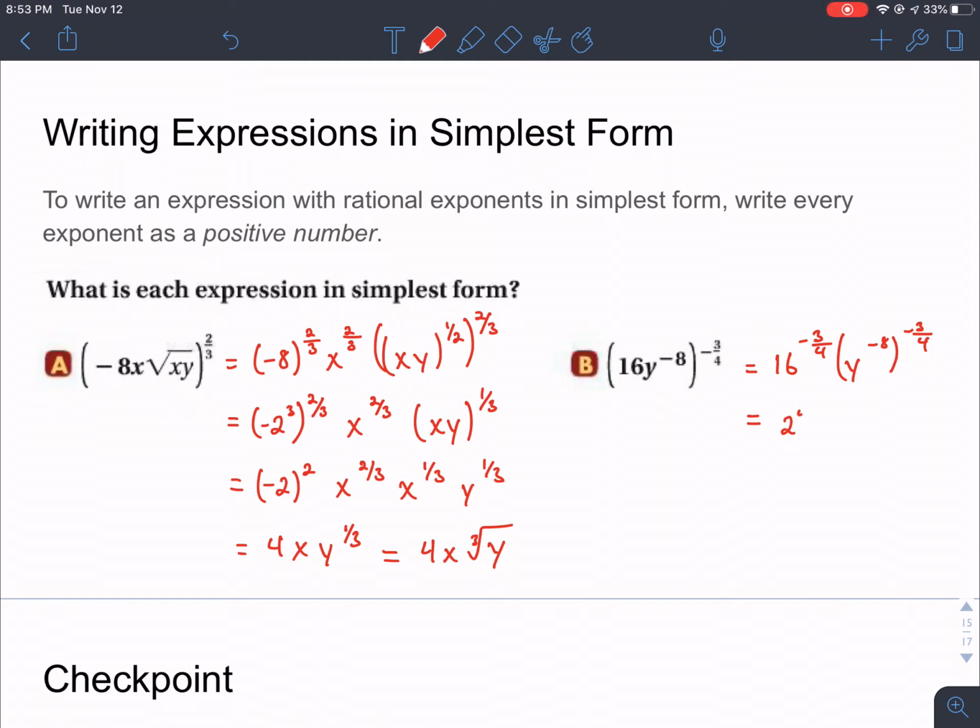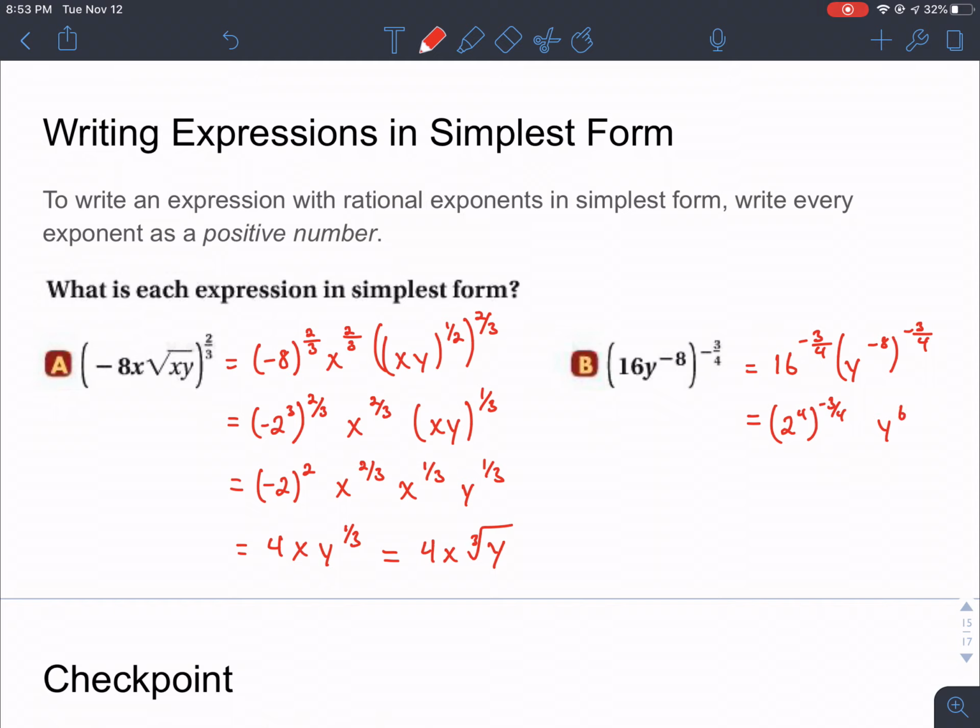So we have 2 to the 4th multiplied by negative 3/4, multiplied by y to the, 8 times 3/4 is 6, y to the 6th.